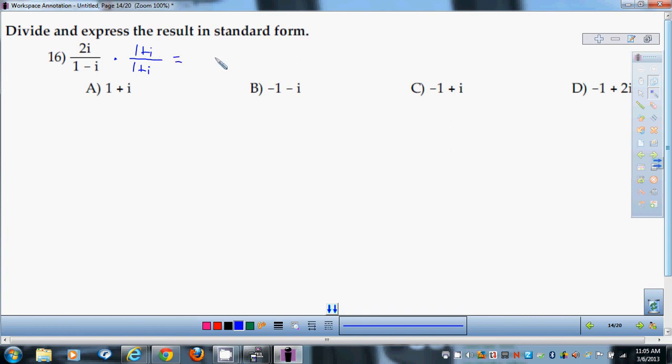And then 1 minus negative 1 becomes 2. So is it i minus 1? Why isn't the i negative? Right, i minus 1. Sorry.